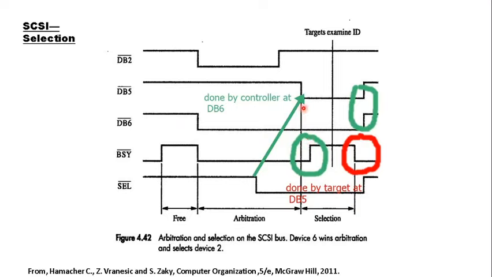Once the BC signal is turned off, all the controllers will be informed, and all the controllers will be listening to the DB lines. So when all controllers listen to the DB lines, DB5 understands that it has been selected for an operation by our master. So DB5 will depress the BC signal to indicate that it has understood that the master intends to initiate a transaction with it.